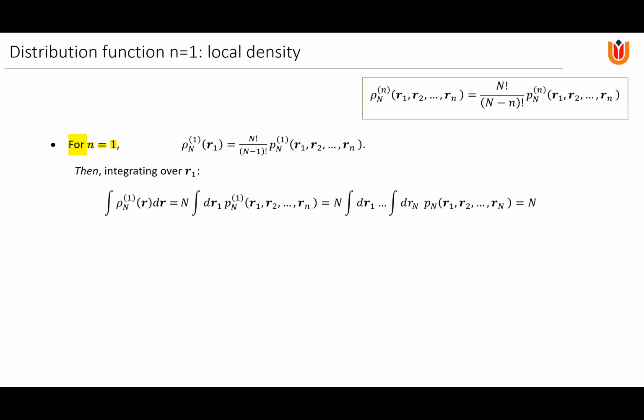Then the expression reduces, essentially to N, since N factorial divided by (N minus 1) factorial reduces to N. And we can integrate this over R1, which is the only coordinate remaining, since we have already integrated out all of the other ones. Because the function is normalized, this whole integral goes to unity, and the answer in the end is N.